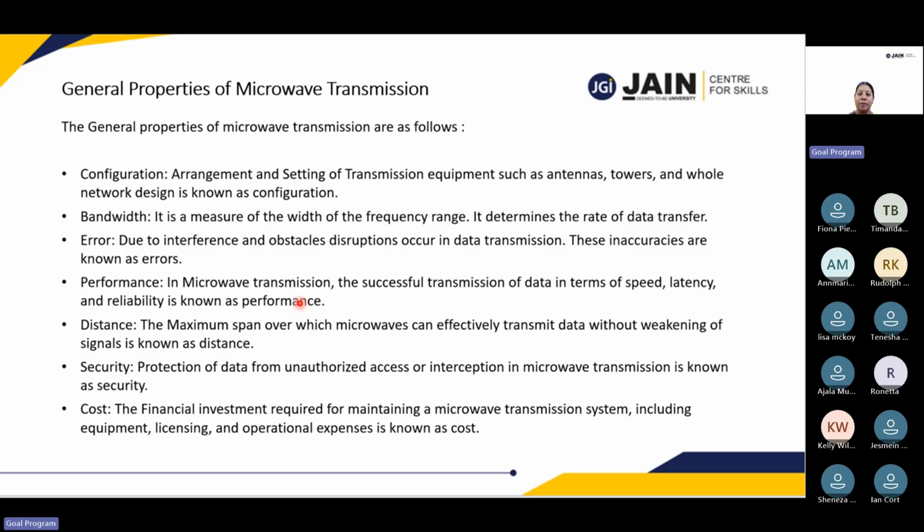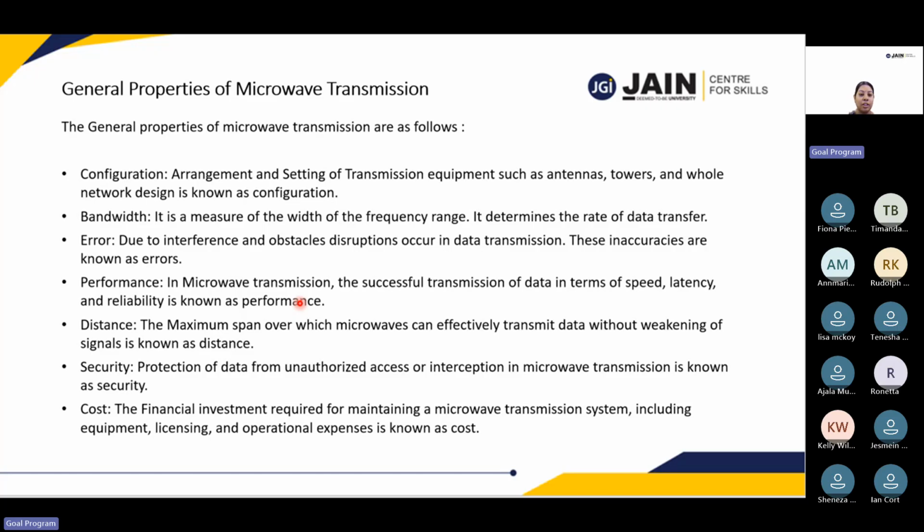Because of environmental factors the signals are affected, so the data may contain errors. Though microwave transmission is very useful nowadays, there are some disadvantages. That's why we are moving to satellite communications.